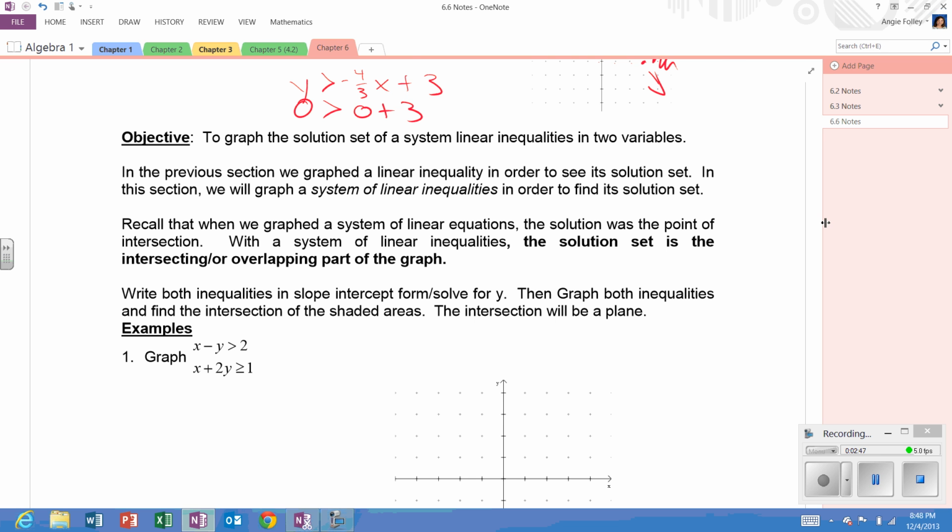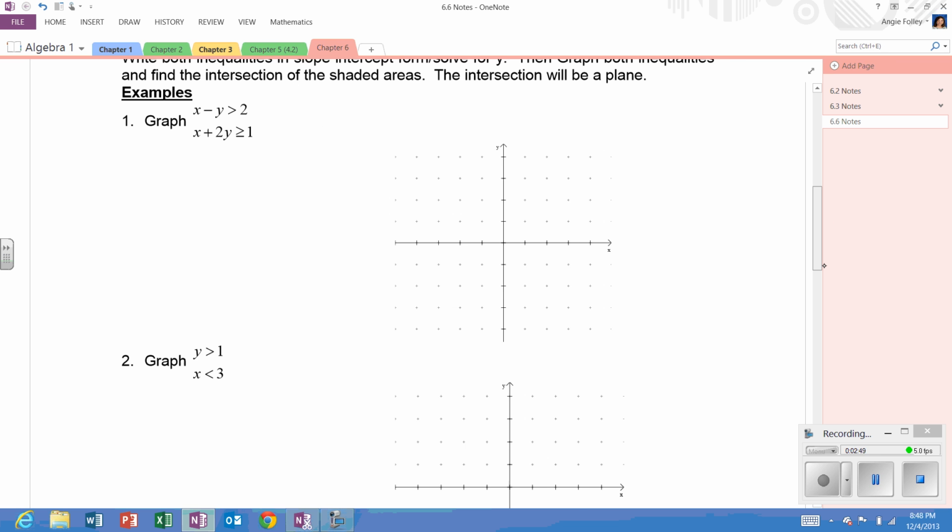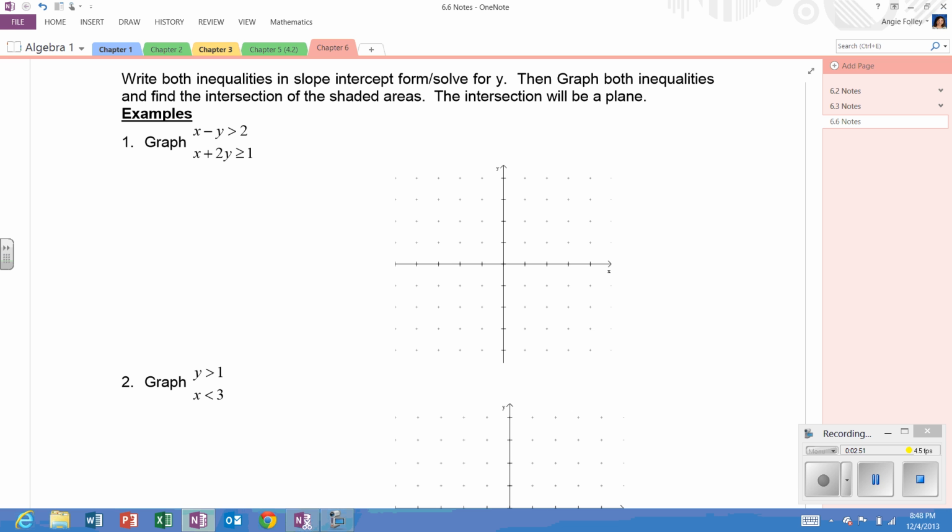But first, we need to make sure that both equations are in slope-intercept form. Okay? So we're going to look at this first equation. We want to get that into a y equals form, so I'm going to move the x over. So I'll have negative y is greater than 2 minus x. Then I'm going to divide everything by a negative 1 so that I get y, and because I divided by a negative, I need to flip the sign.